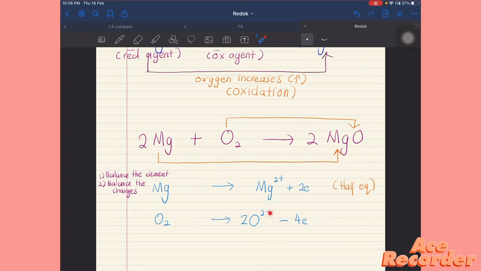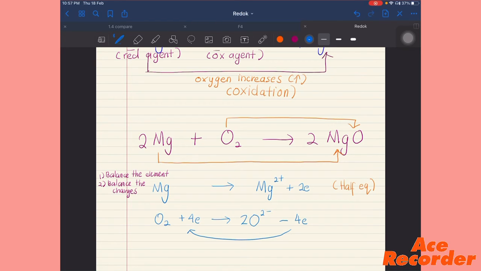So 2O2 minus already donated four electrons. So the money is not with oxide anymore. So it's similar to mathematics. Negative you bring into the other side. So negative becomes positive. So it becomes positive for electron.